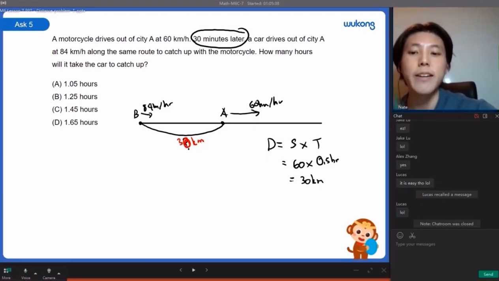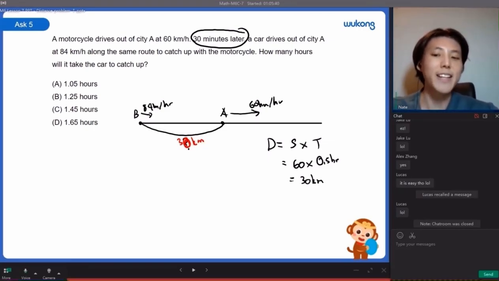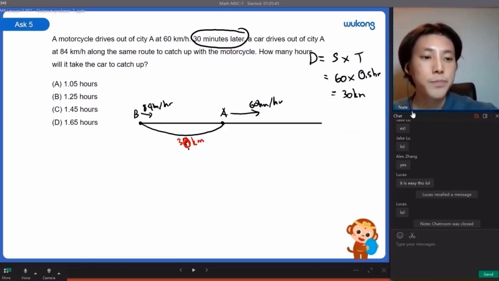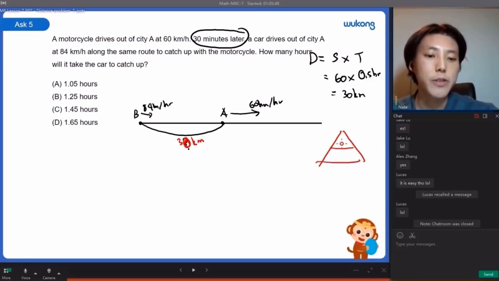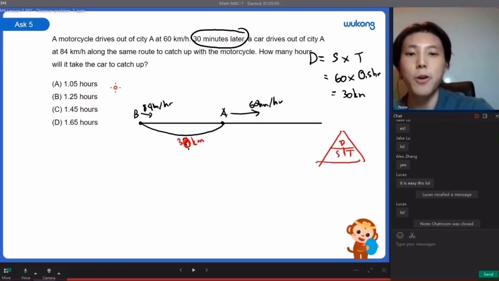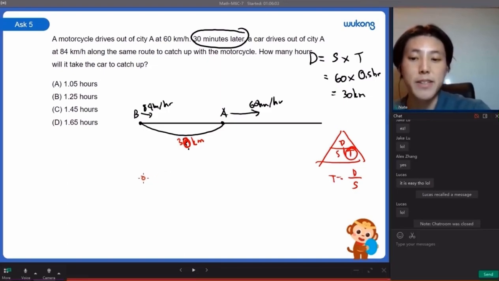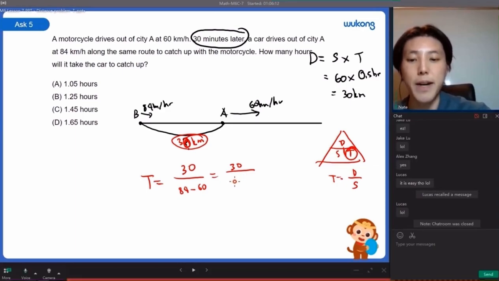Now, after that, it's just going to be exactly the same. So we've done all those steps. I'm going to move that over there. And all you have to do, once again, is use our relationship. We're looking for how long it will take for B to catch up to A. So we're looking for time. So it'll be the distance apart from each other divided by the difference of speed. So time equals 30, which we found here, divided by 84 minus 60. And that equals 30 divided by 24.